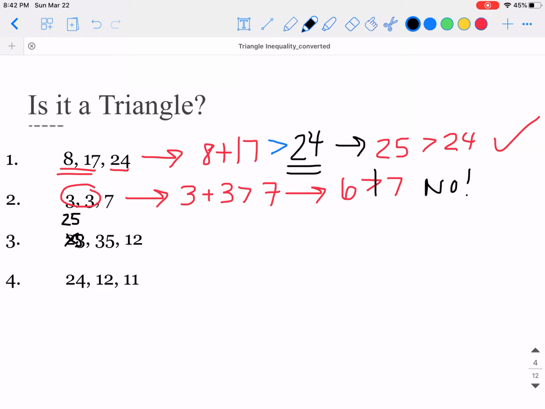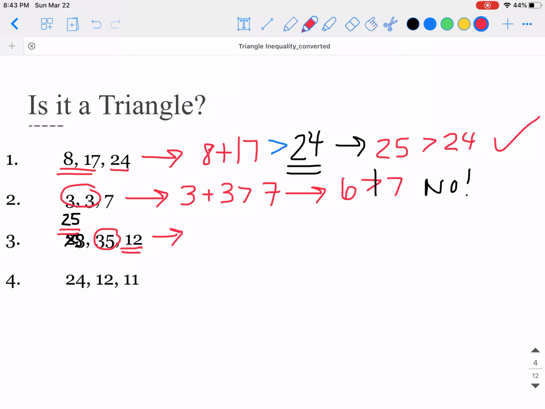For number 3, slight typo here, the first number should be 25. So we have three sides of our triangle, 25, 35, and 12. And notice that these numbers are not in numerical order, so you can't always just pick your first two numbers and add them together. The two smaller sides of our triangle are 25 and 12. We have to make sure that those are greater than the larger side in order for this to be a triangle.